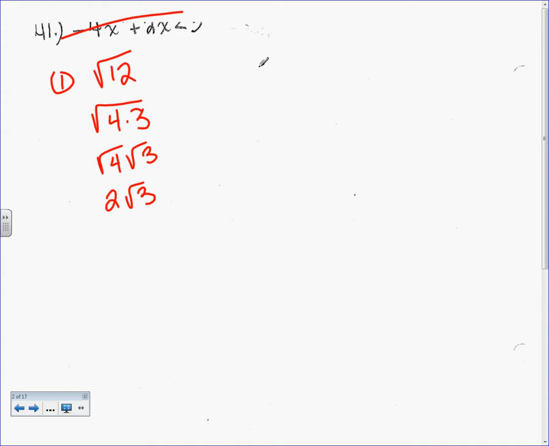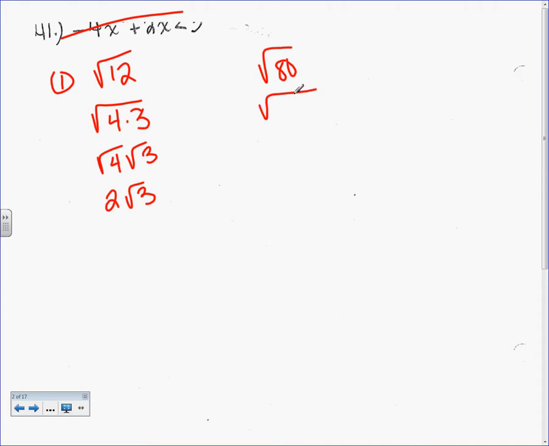Let's do square root of 80. Why don't you try that one? What's the highest perfect square that goes into 80 evenly? 16 is a perfect square.